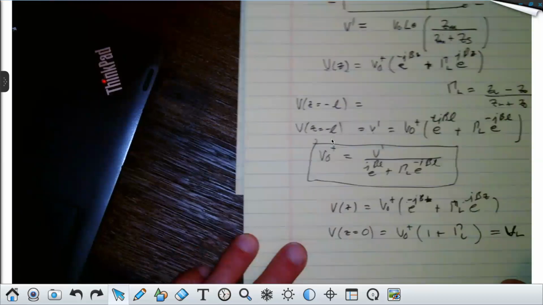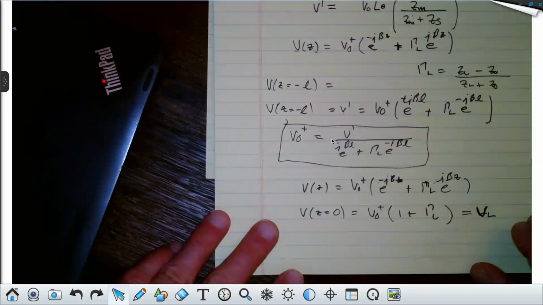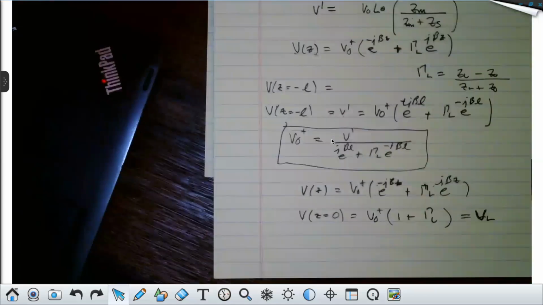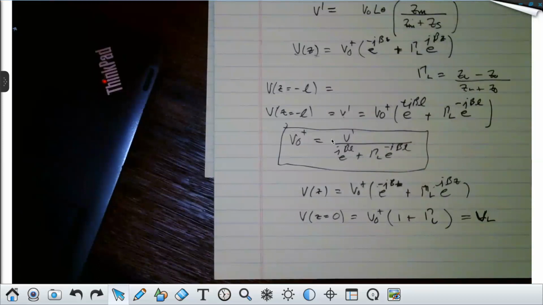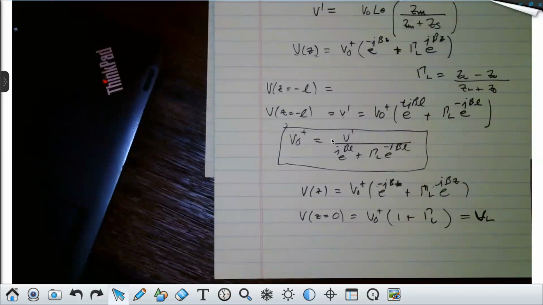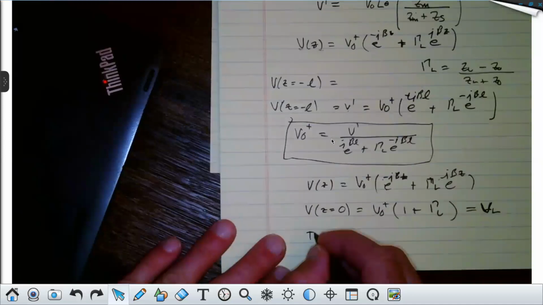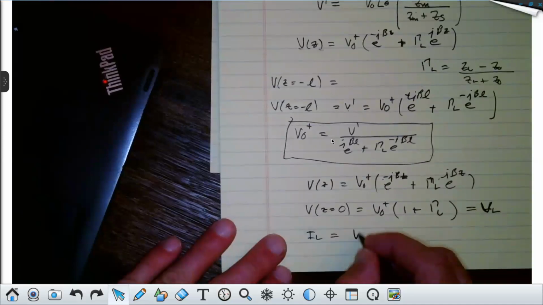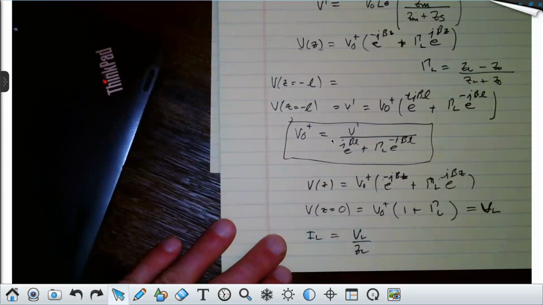Now, if that's the voltage at the load, what would the current at the load be? Just tell me. How do you get current if you got voltage? Divide by the load impedance. That's right. If we take V load divided by Z load, now I have current, right? Okay.